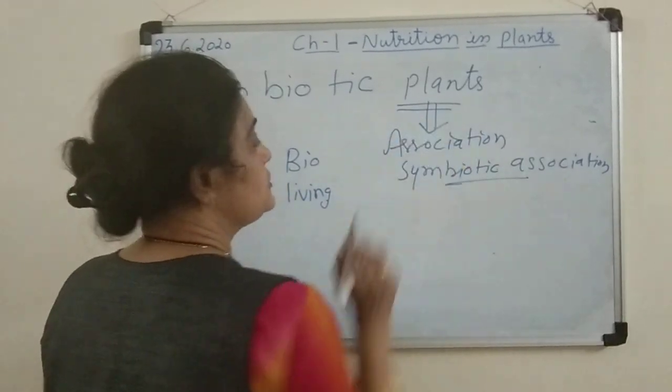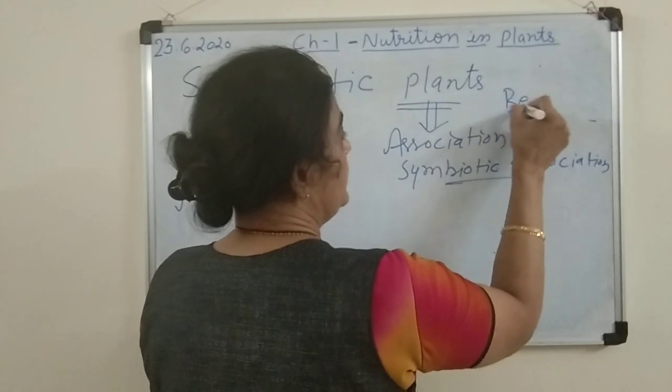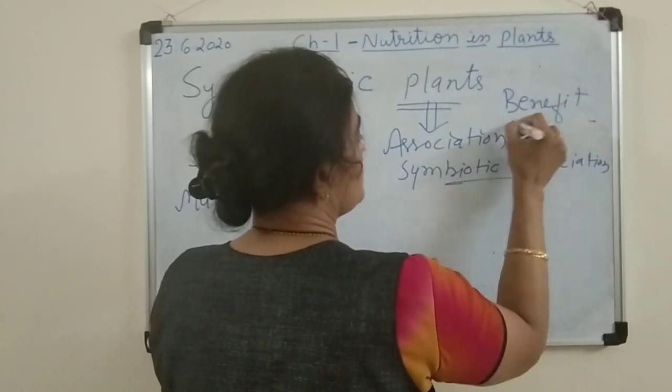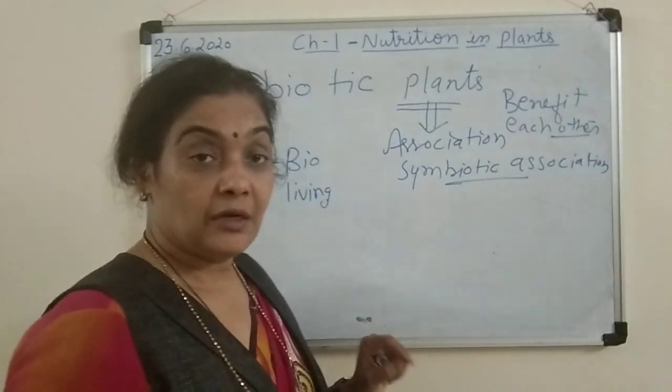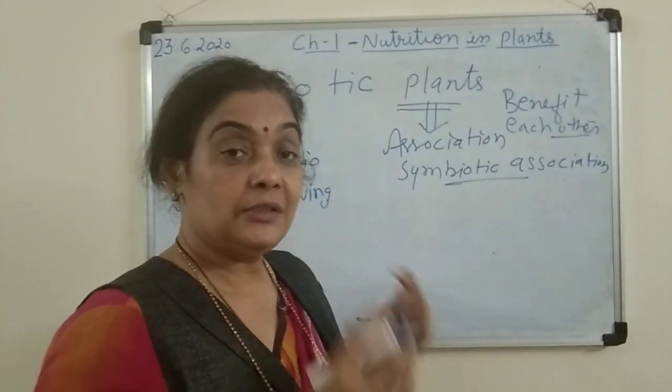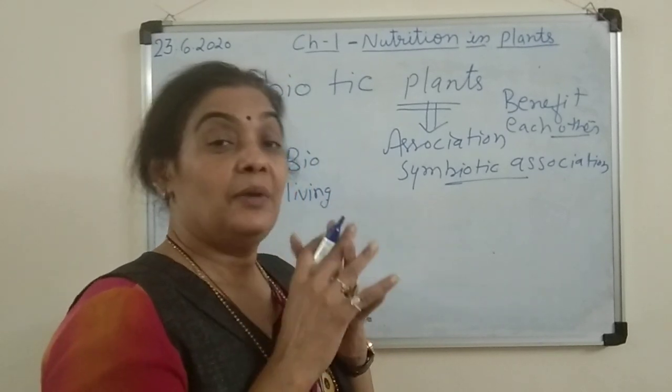Plants remain in association, and what for? They benefit each other. What type of association is it? Both the plants benefit each other.